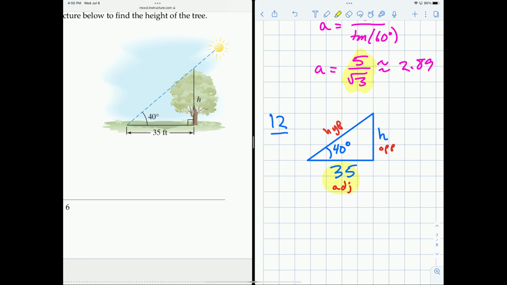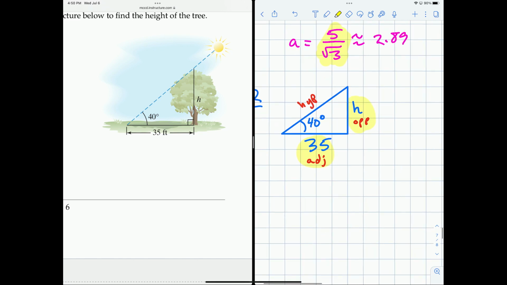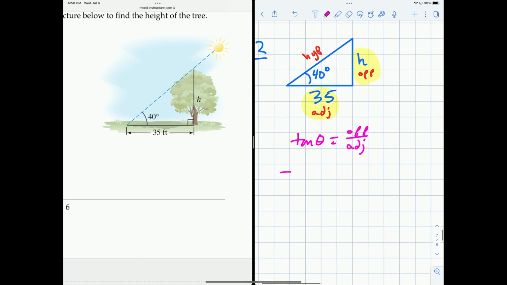So we know the adjacent and we're looking for the opposite. So opposite and adjacent tells us we should be using a tangent because tangent involves opposite and adjacent. Tangent theta, opposite over adjacent. So tan 40 this time is opposite, which is h, over adjacent, which is 35.